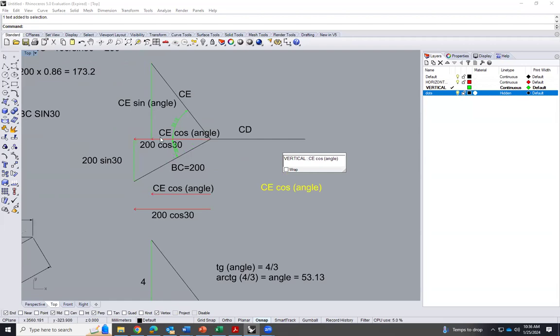So when it comes to the vertical, what goes up? CE sine, and now we have the angle, it's 53.13. That goes up. What goes down? That equals 200 sine 30.